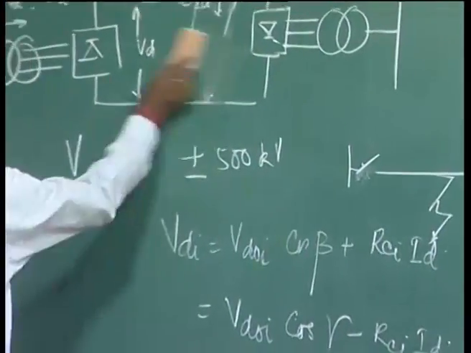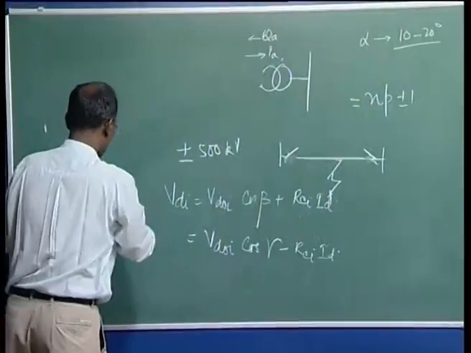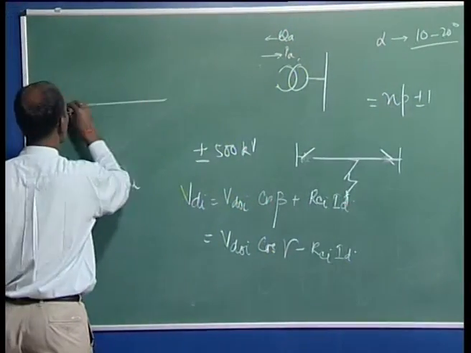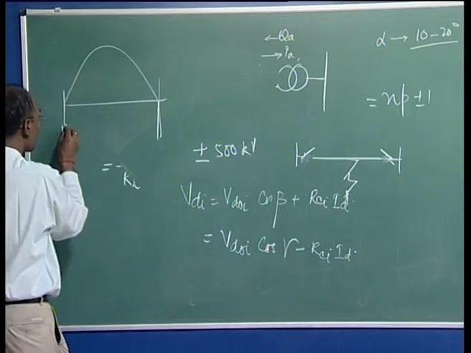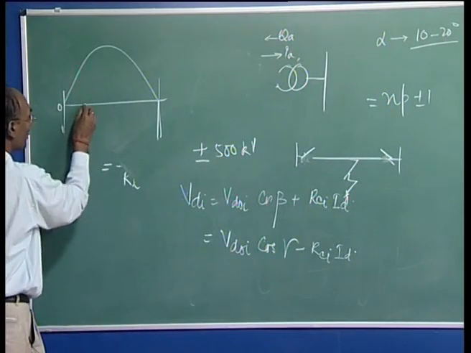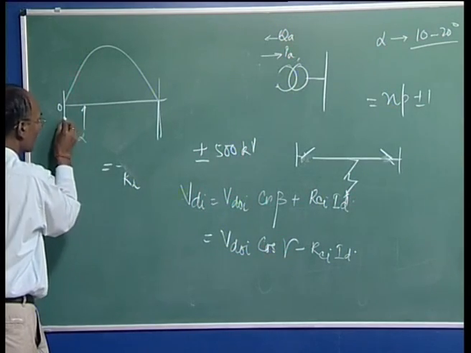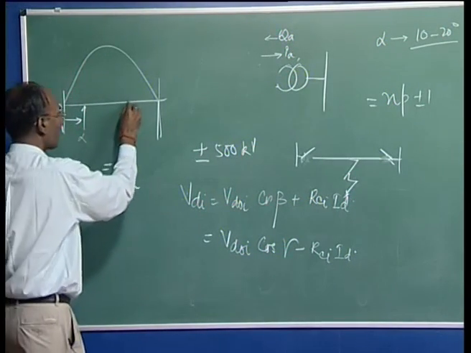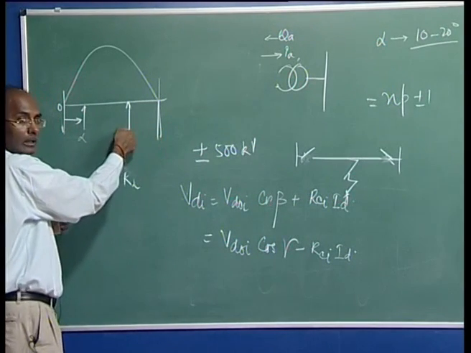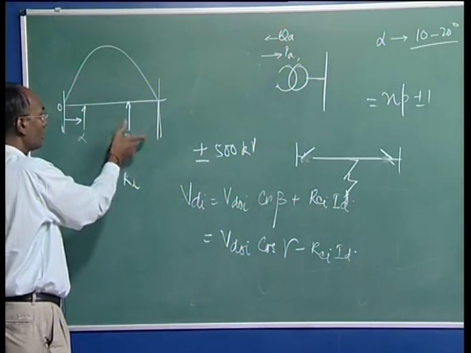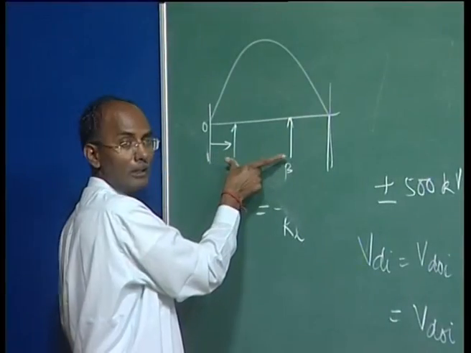It is as I explained here in the inverter operation. This is your commutation voltage. From this side, if you are going, it is the 0 here, and you are firing, this is your alpha from here to here, and if you are firing at here, this is your beta, and we are measuring from this end, means this beta value is pi minus alpha.